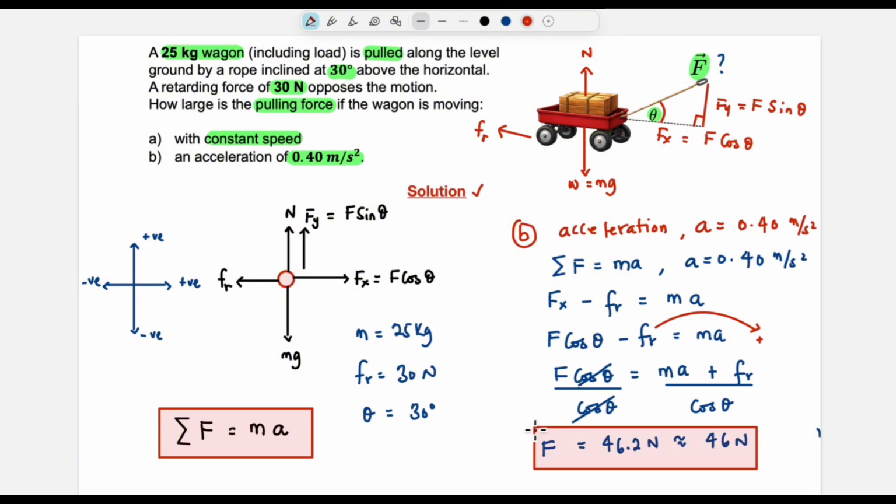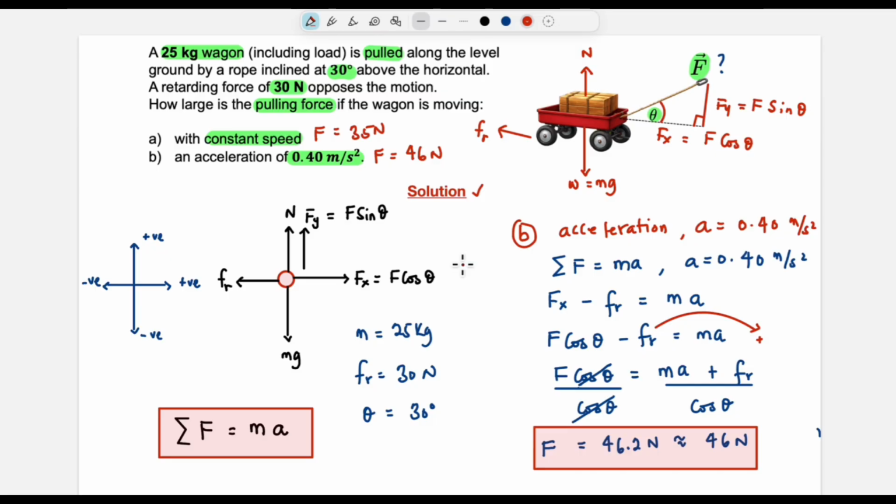All right. So we've seen the two cases where we can apply Newton's second law. In the first case, where the speed is constant, we found the pulling force to be about 35 newtons. And then in the second case, where acceleration is not 0, we found the pulling force to be 46 newtons.